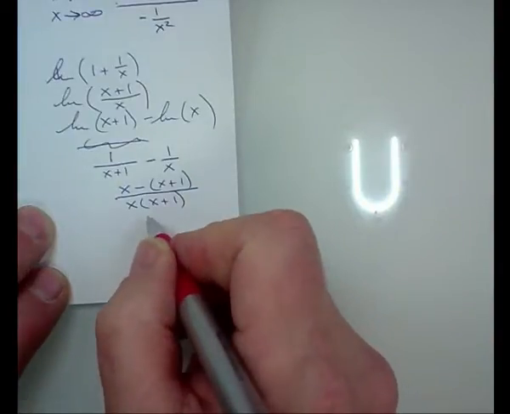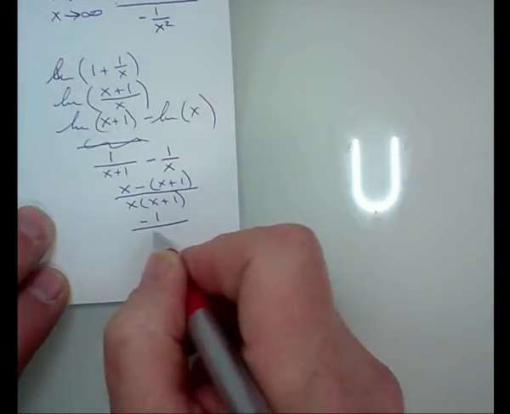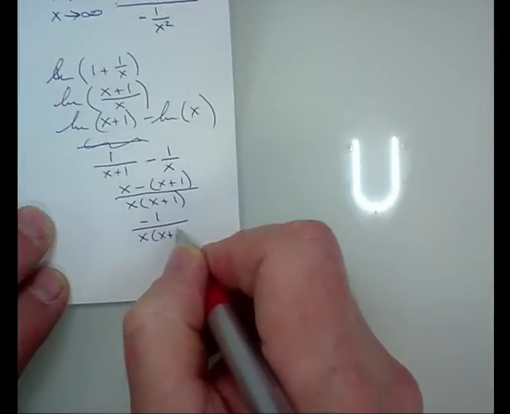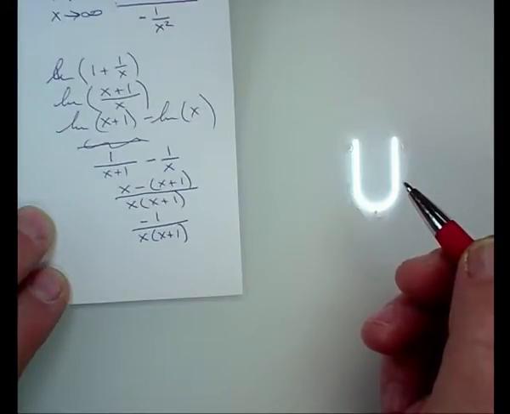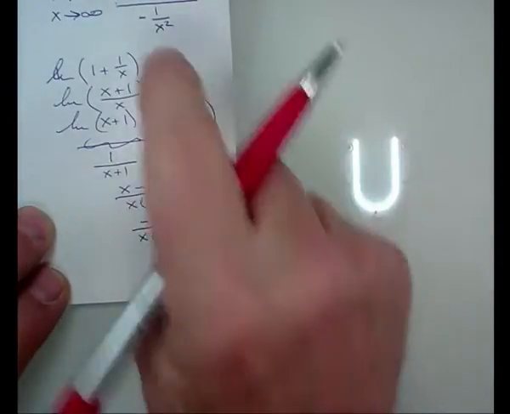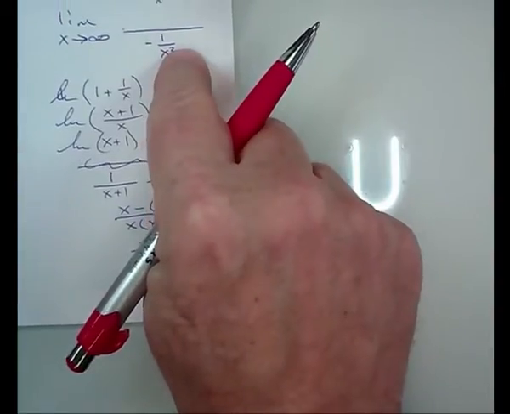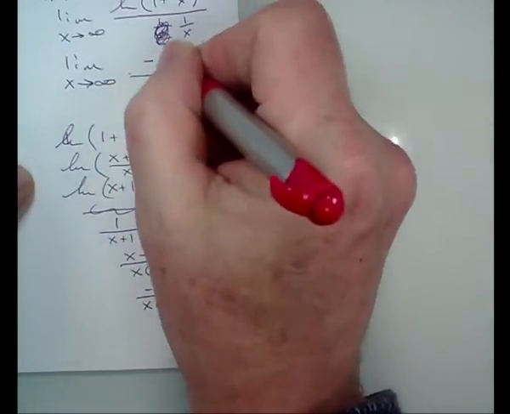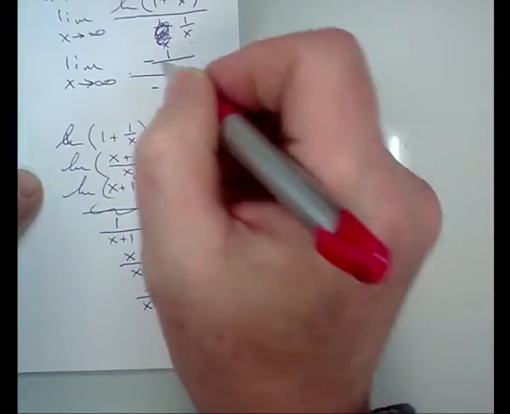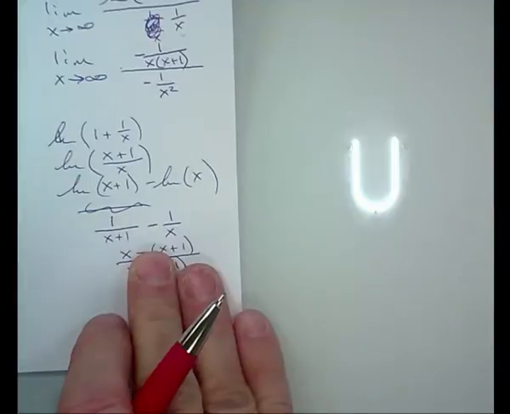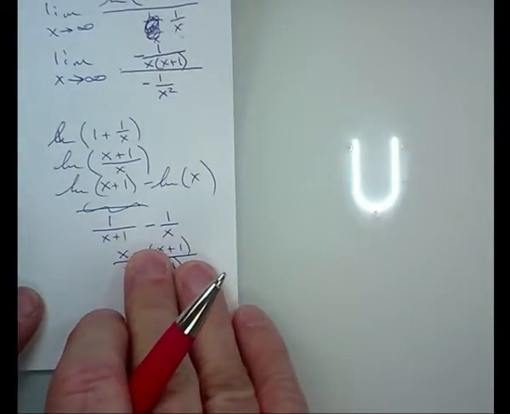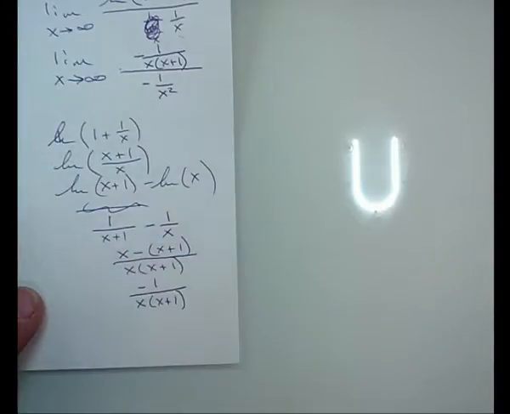So this is negative 1 over x times x plus 1, which is what I'm going to put here. Are we okay with that?